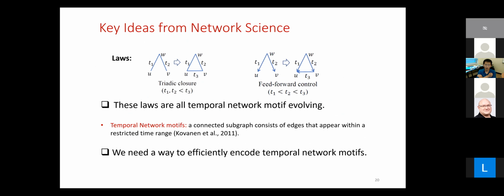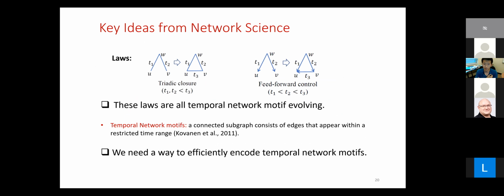Because we observed this issue, we thought about whether we can solve this problem in a very fundamental way. This gives us the causal anonymous walk idea. Our idea is still inspired by previous observations in network science.